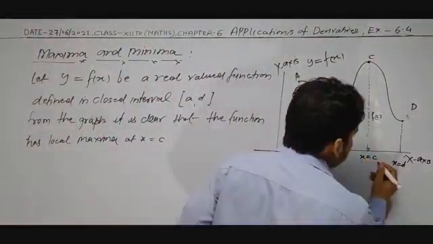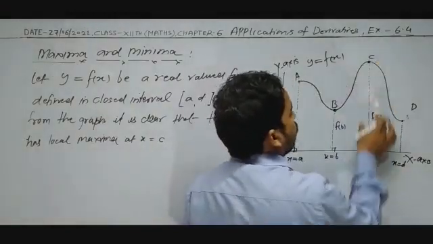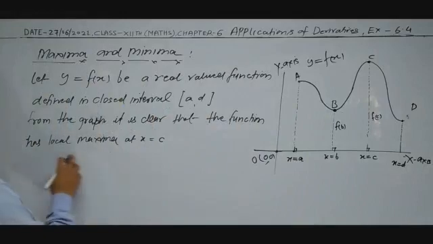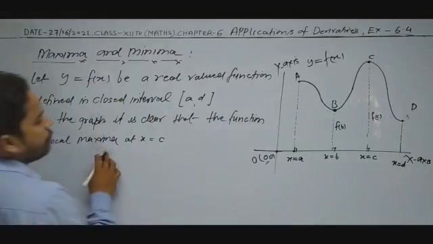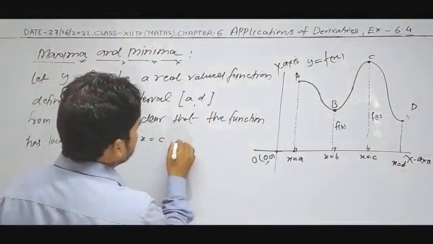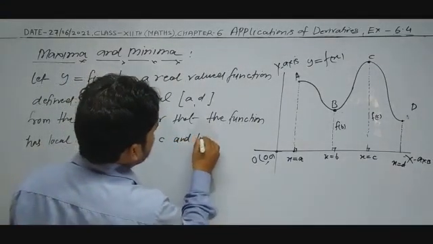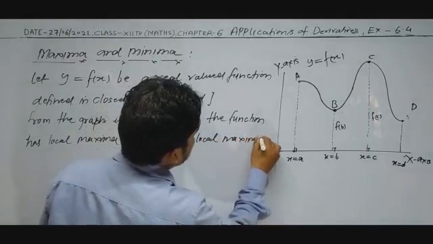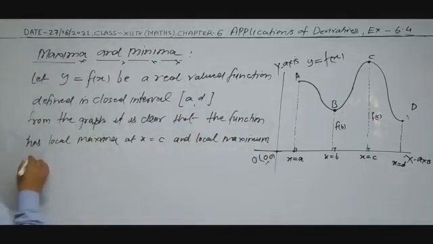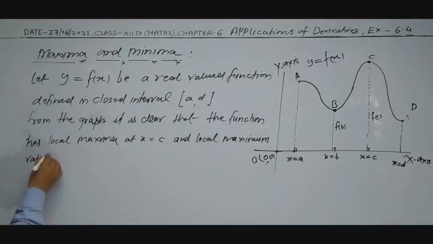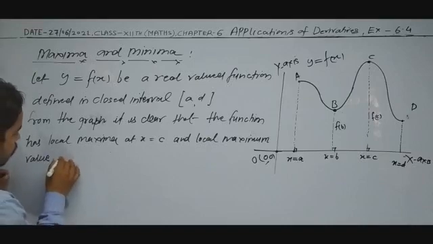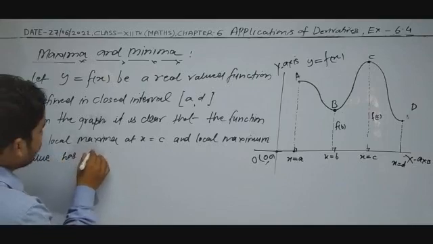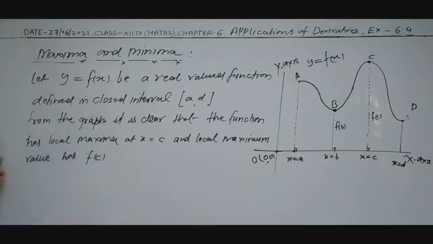At x is equal to c, the function value will be f(c). So the function has local maxima at x is equal to c and the local maximum value is f(c).